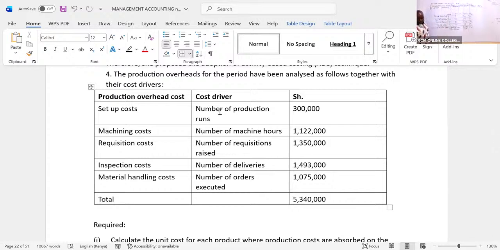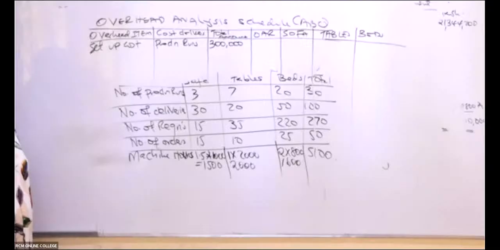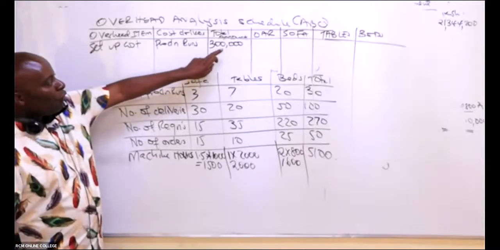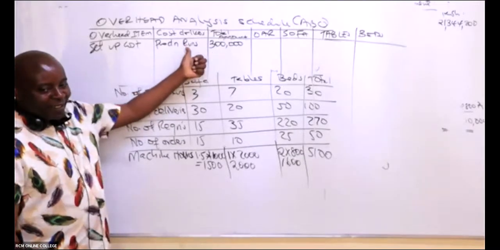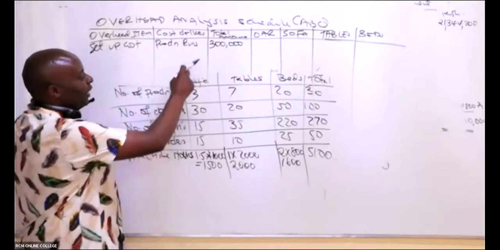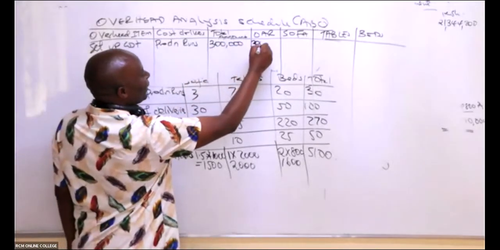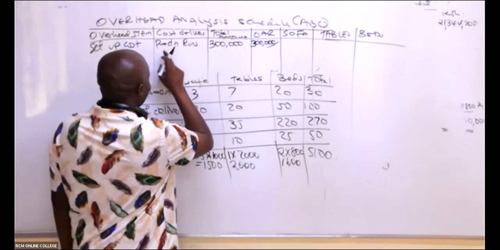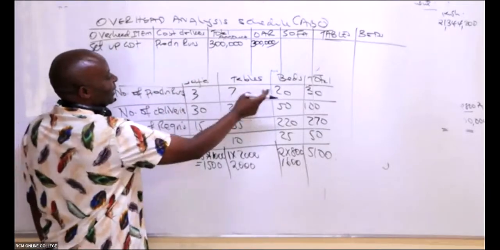Total amount, 300,000 shillings. So then to get OAR, I will take the total overhead over the total cost driver. Total overhead is 300,000. We know that here the cost driver is the production runs. Do we have production runs total?